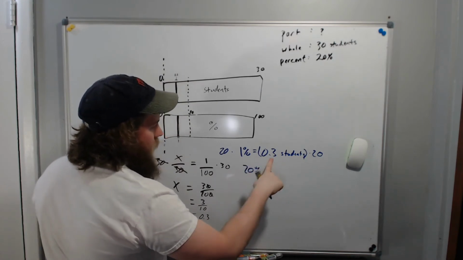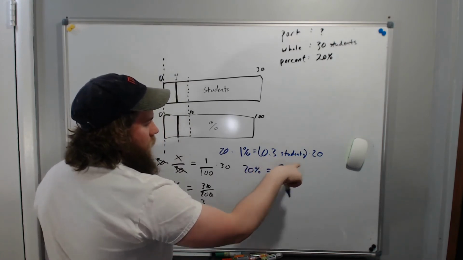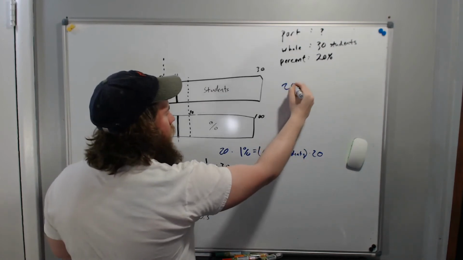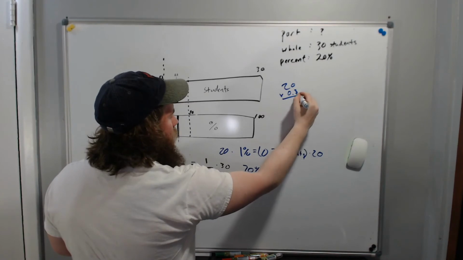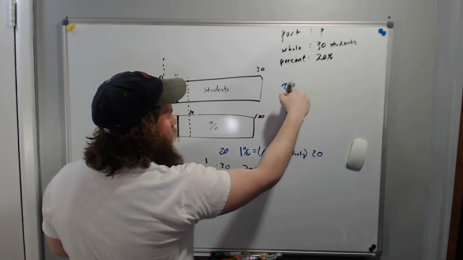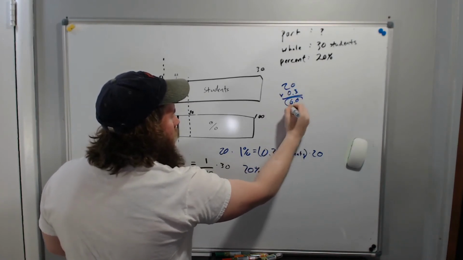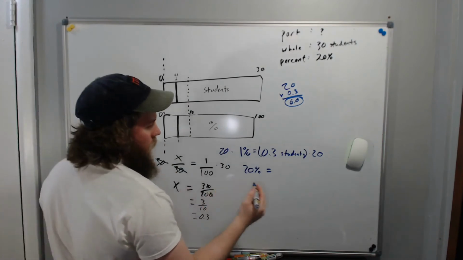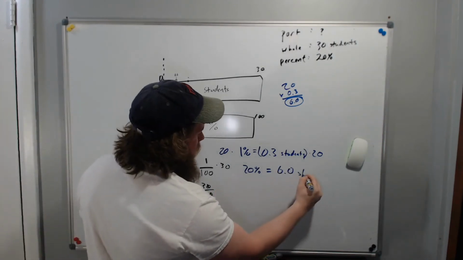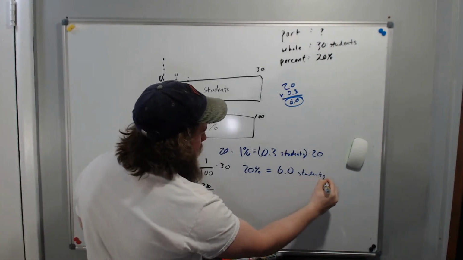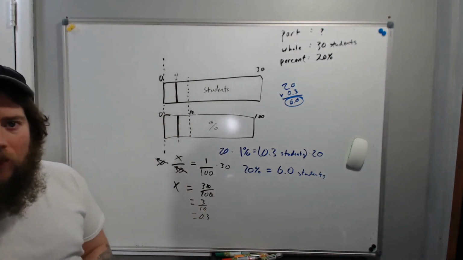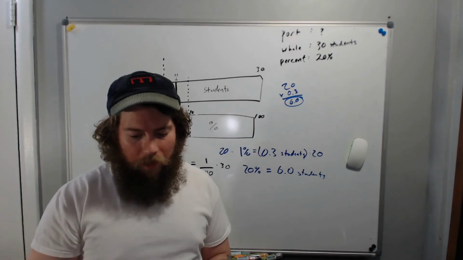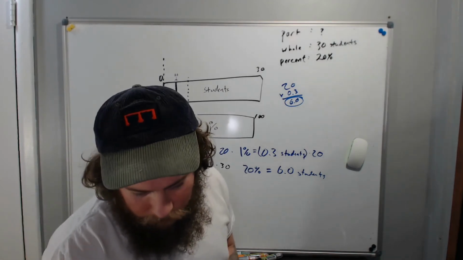All right, and now we need to do 0.3 times 20. We got 1 decimal place, so 1. So 6.0 students. So we can say that of the 30 students in the class, 6 of them earned an A on the test. At least I think it was an A. Yeah, it was an A.